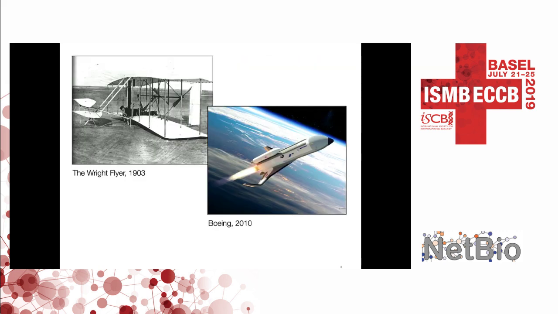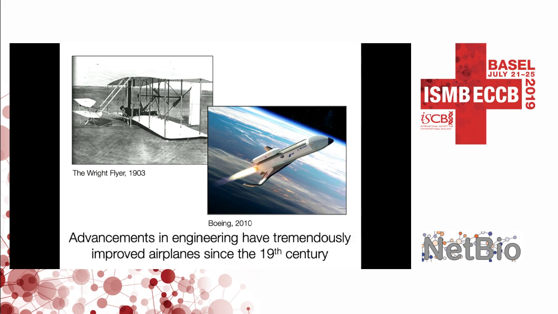And advancements in engineering since the 19th century have really enabled planes to evolve at such a rate that they can do much more now than they were able to do at the beginning, over 100 years ago.